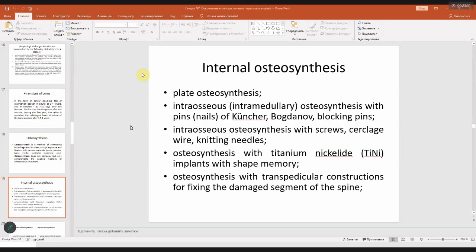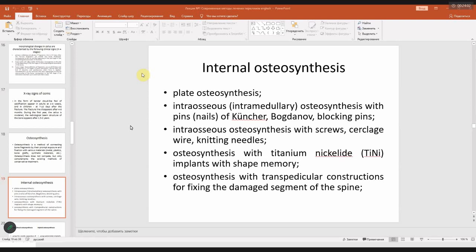Internal osteosynthesis: plate osteosynthesis, intraosseous intramedullary osteosynthesis with pin nails of Küntscher, Bogdanov, blocking pins. Intraosseous osteosynthesis with screws, cerclage wire, knitting needles.